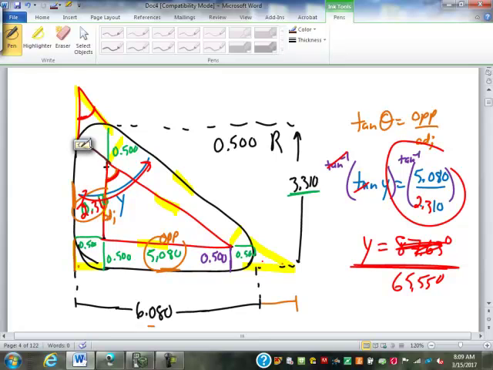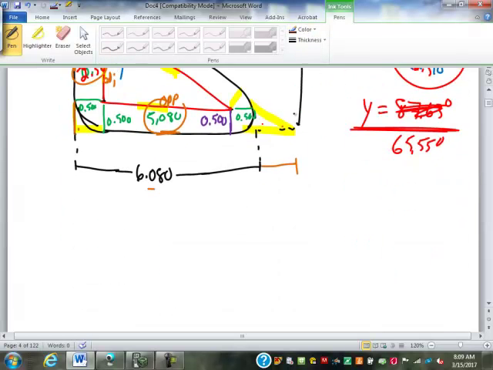If I extend this line out, since these two lines here are parallel, this angle and this angle are the same. And since these two lines are parallel, this angle and this angle are the same. The intersection of the two tangents has to be supplementary to the central angle.